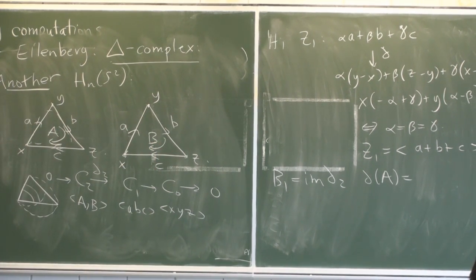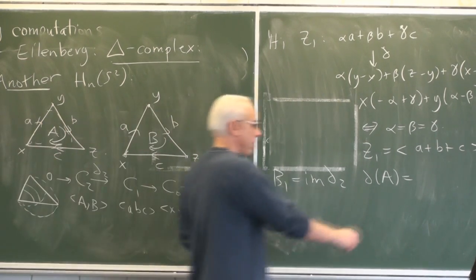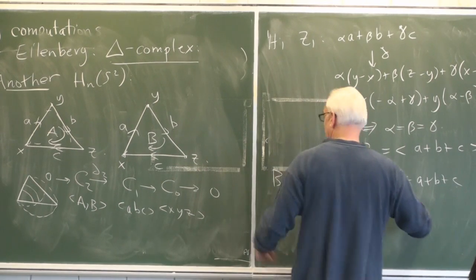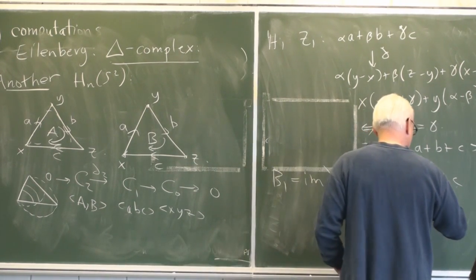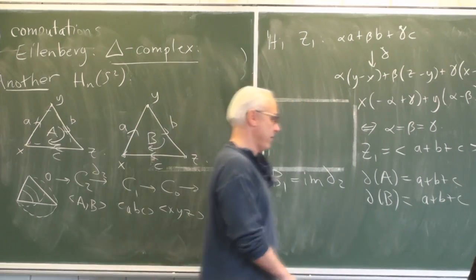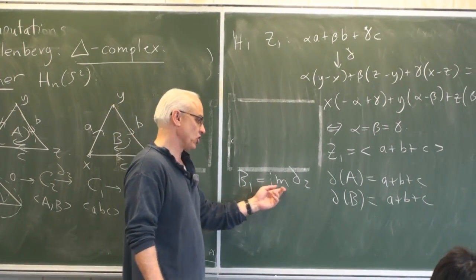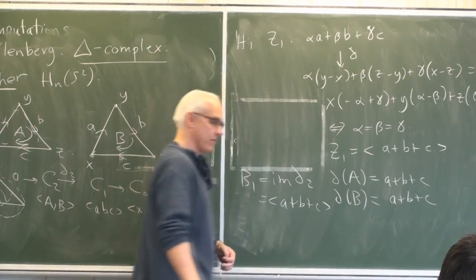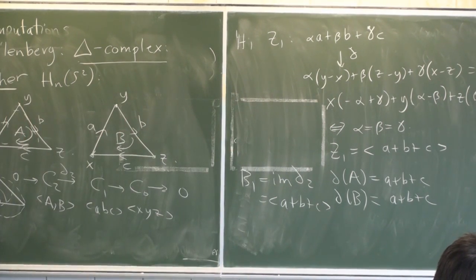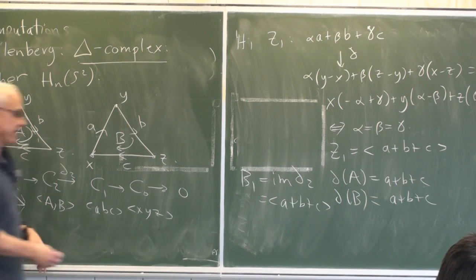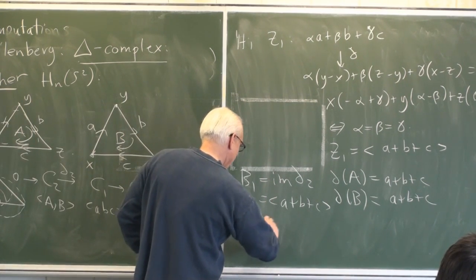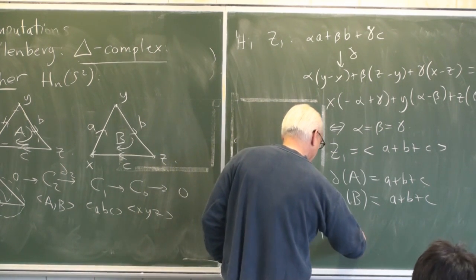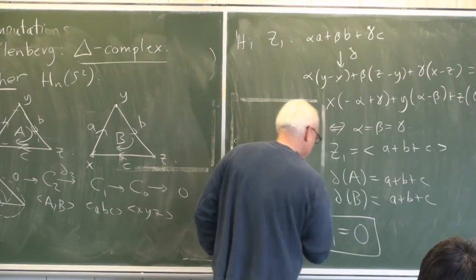So the boundary of A is A plus B plus C. The boundary of B is also A plus B plus C. And so the image of the boundary is just multiples of A plus B plus C. And so obviously now Z1 equals B1. So that means that our first homology is 0.